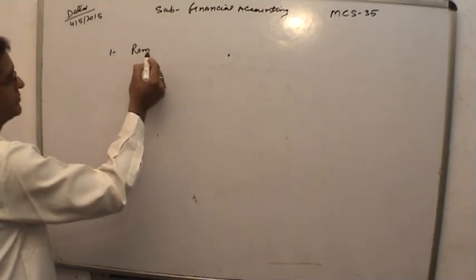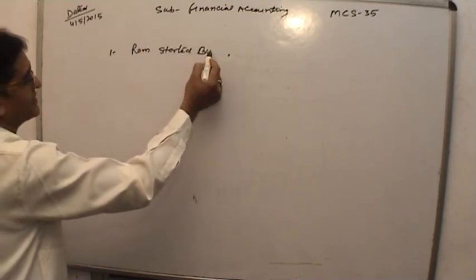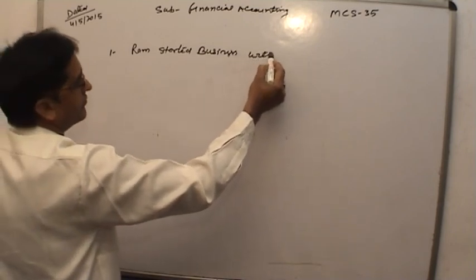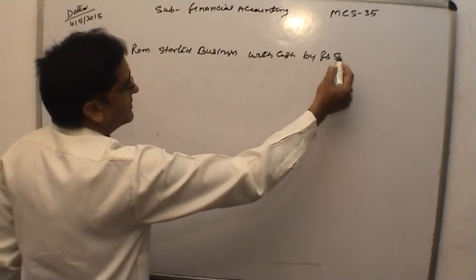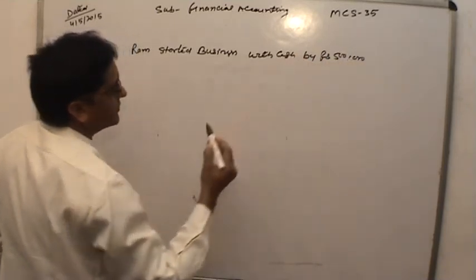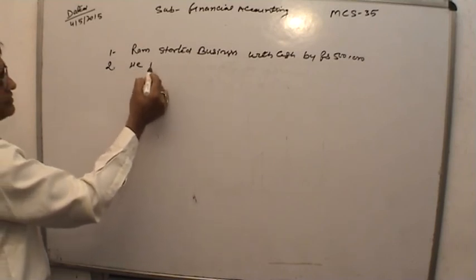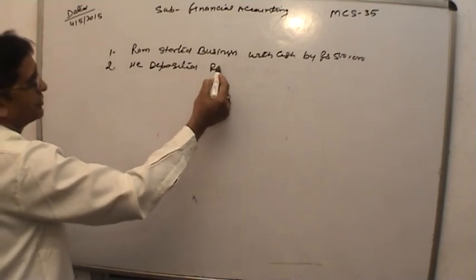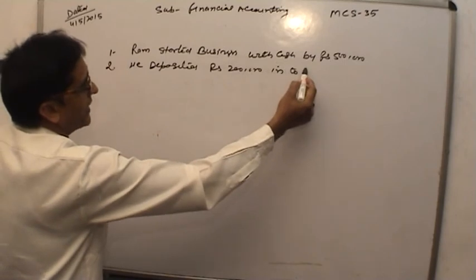Ram started business with cash by rupees 5 lakhs. Second transaction, he deposited rupees 2 lakh into bank.